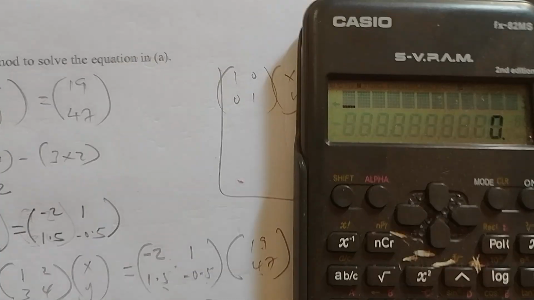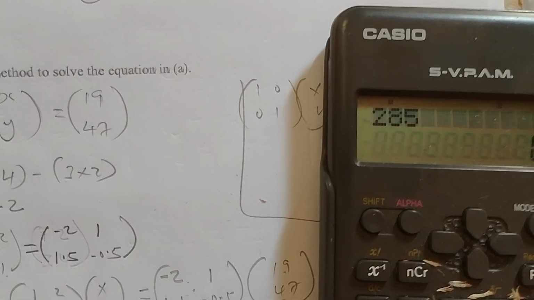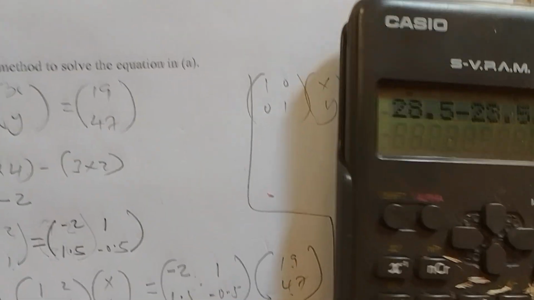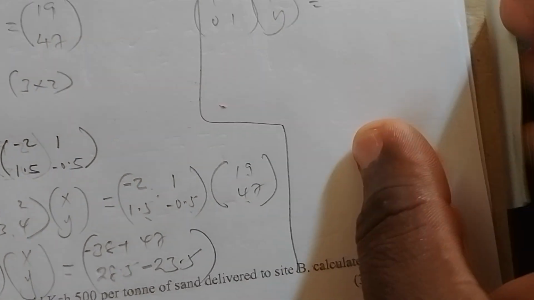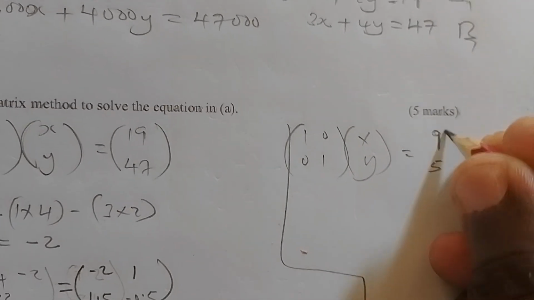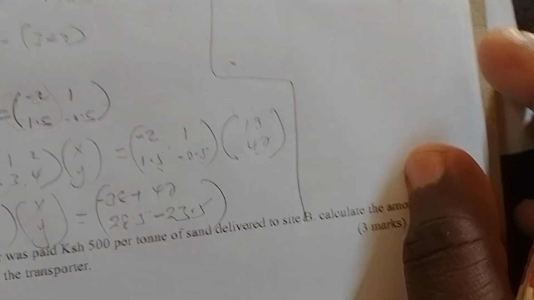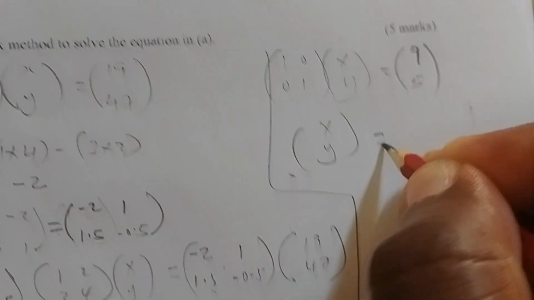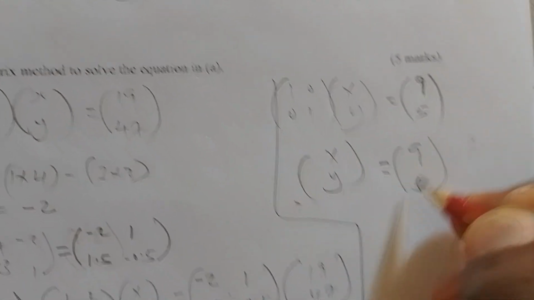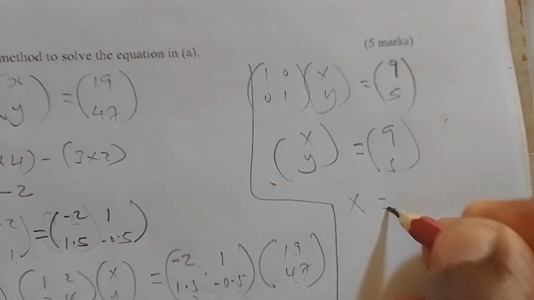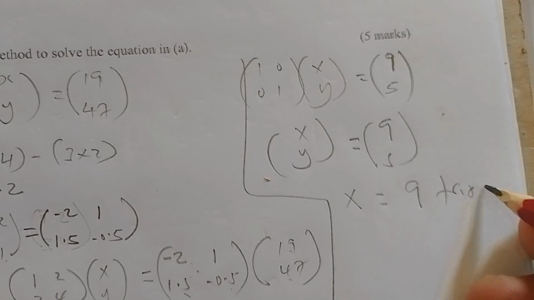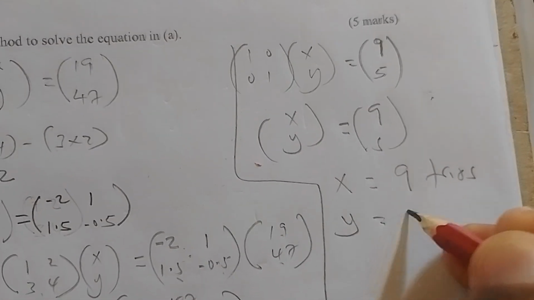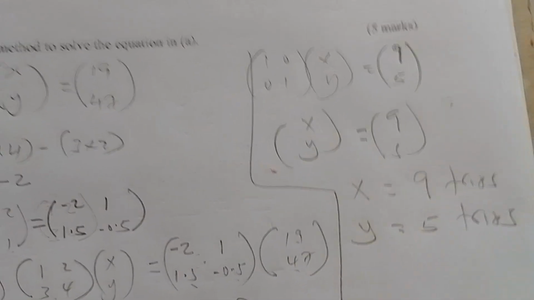And then if I take 28.5 minus 23.5, that gives us 5, learners. So xy is equal to 9, 5. Hence, x is equal to 9 trips and y is equal to 5 trips.